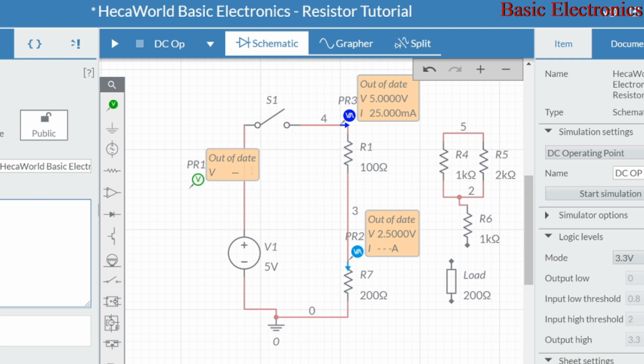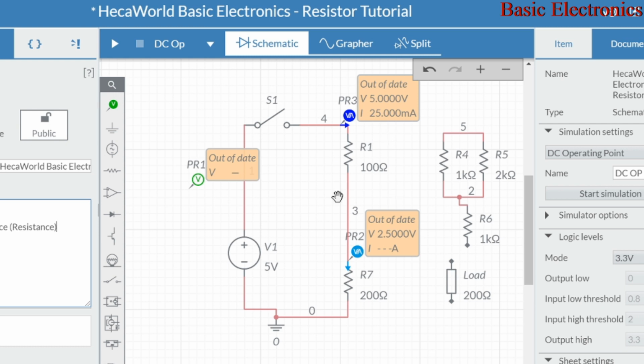Ohm's law says that V equals IR, where I is the current flowing through the circuit and R is the impedance or resistance in our case here. And of course you know that power is I squared R or IV.